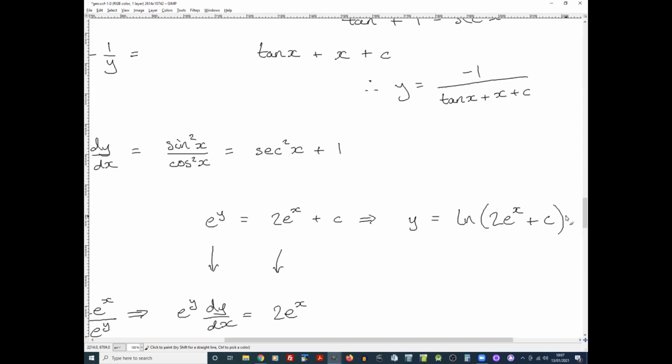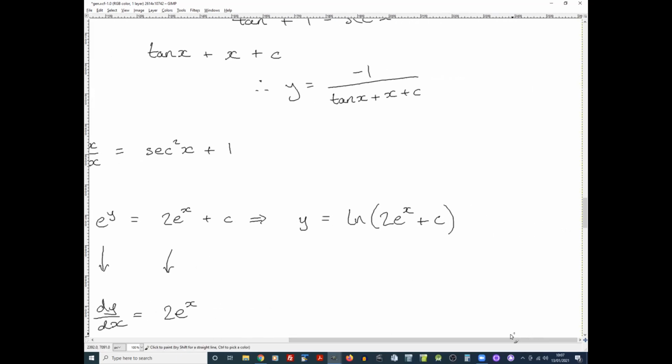And then by all means, look at that and think, well, can we split that? Can we expand that? So just log 2e to the x plus log c. Tempting, isn't it? What are the log rules, though? Log AB expands to log A plus log B. But what does log of A plus B expand to?